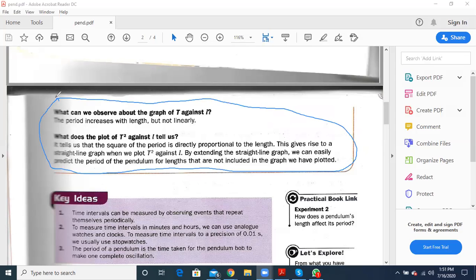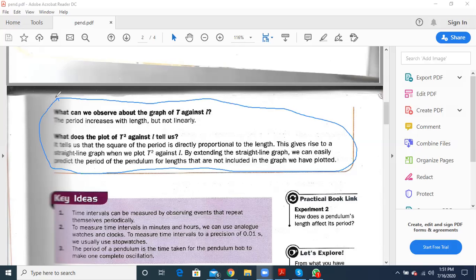As length increases, as we discussed yesterday, the period will also increase, but not linearly. When it is said not linearly, it means they are not directly proportional. Only directly proportional things are linear. So what's the result? The period increases with the length, but not linearly. It's non-linear.